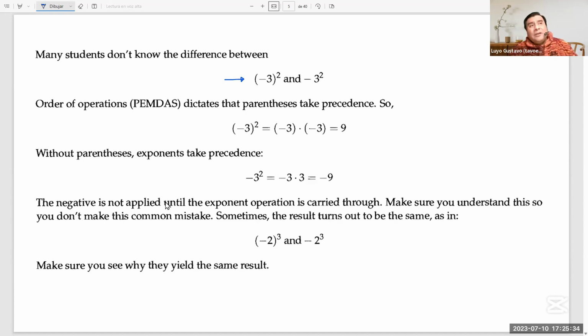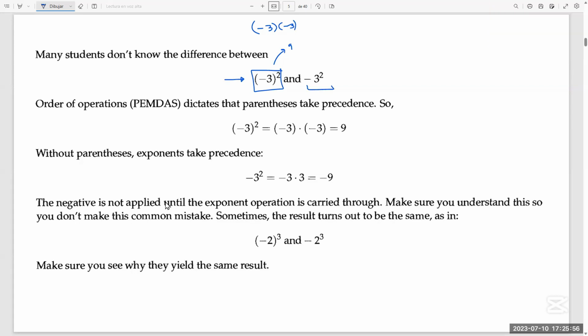But what's the value of this? Anyone? 9. 9, very good. This is 9 because it represents -3 times -3. The factor here is -3 multiplied twice. While this one, what is the value of that? -9. Thank you all. You all responded. Okay, so it's different, right?